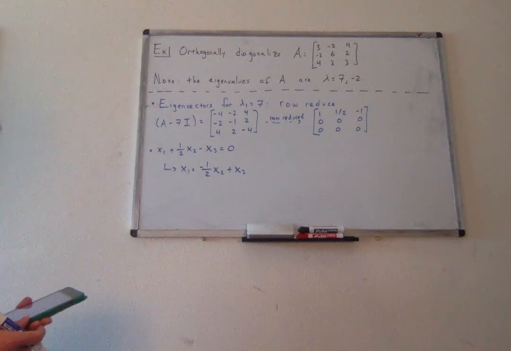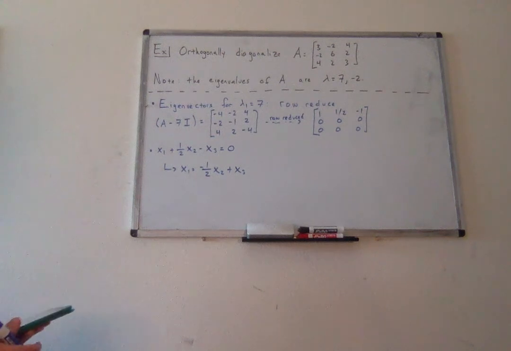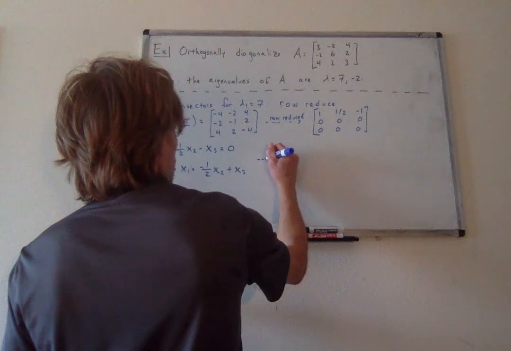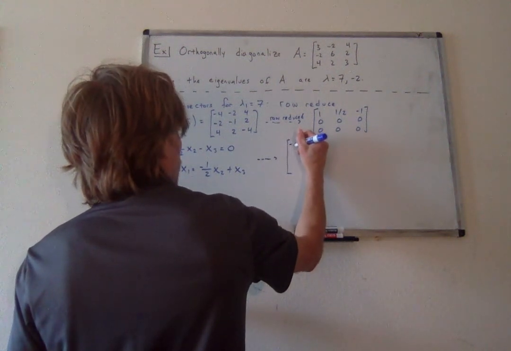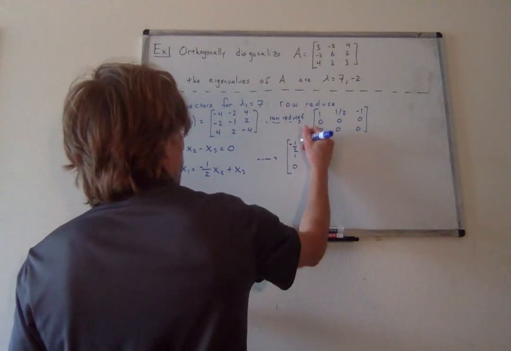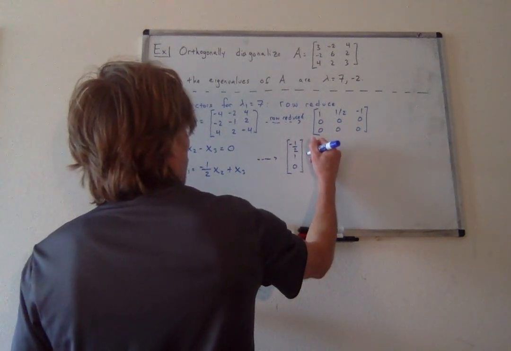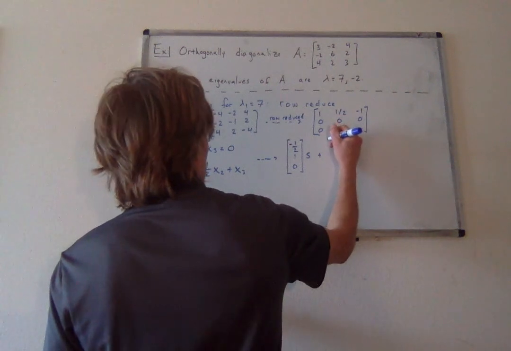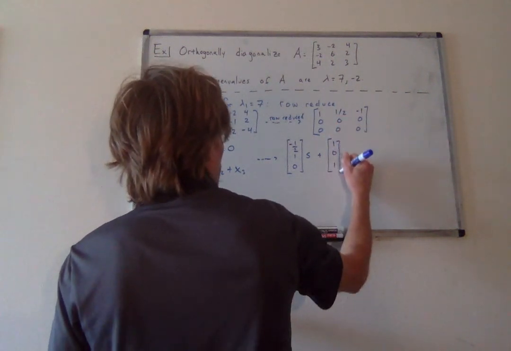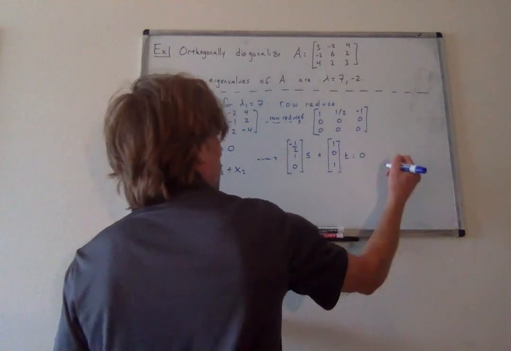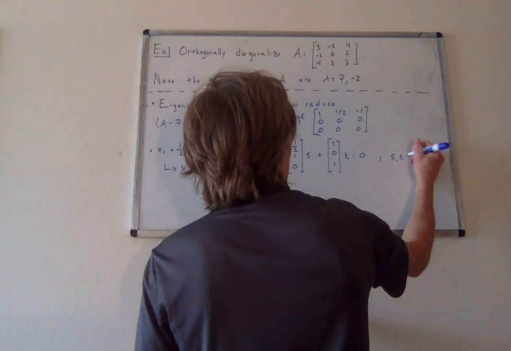And so this means that the parametric vector form corresponding to this homogeneous system is (-1/2, 1, 0) times s plus (1, 0, 1) times t, where s and t are both real numbers.